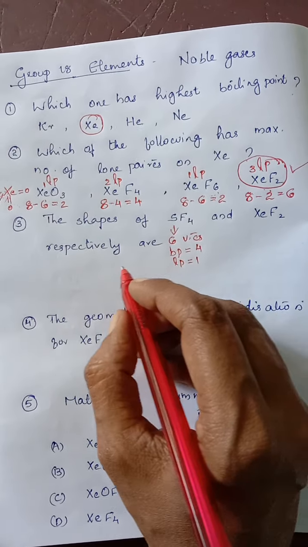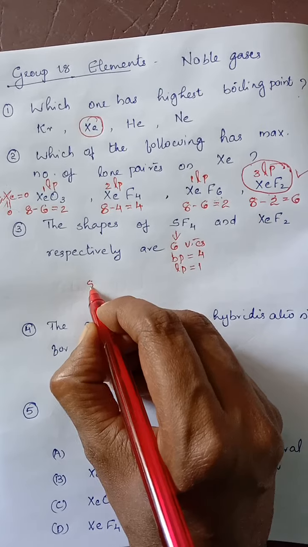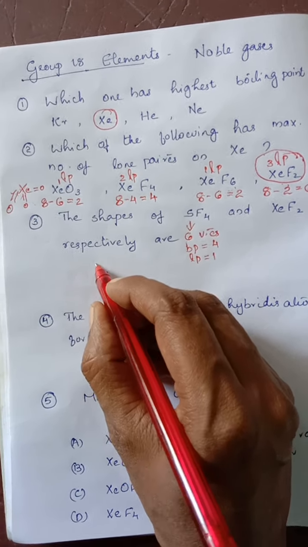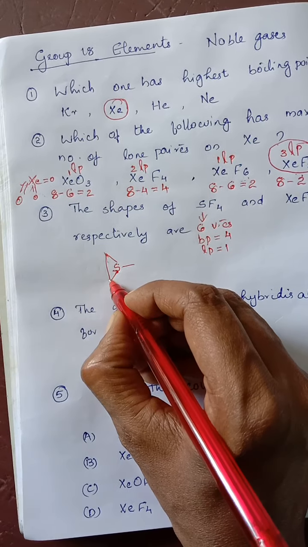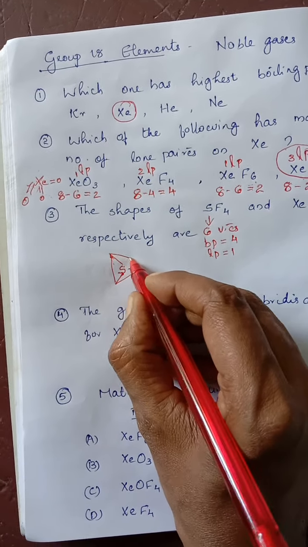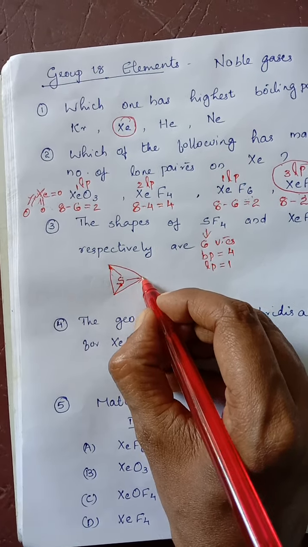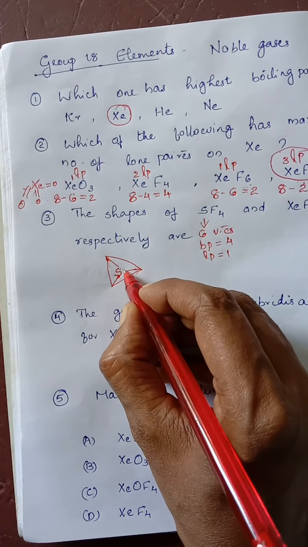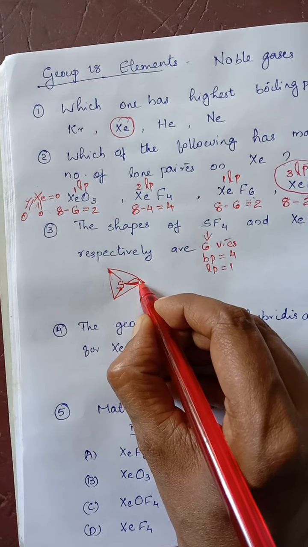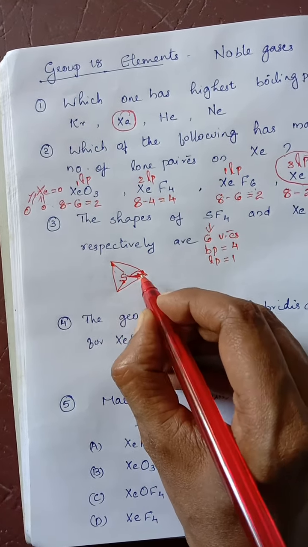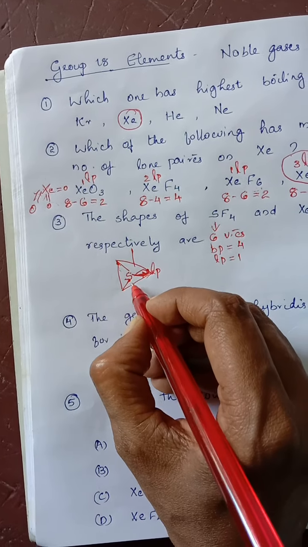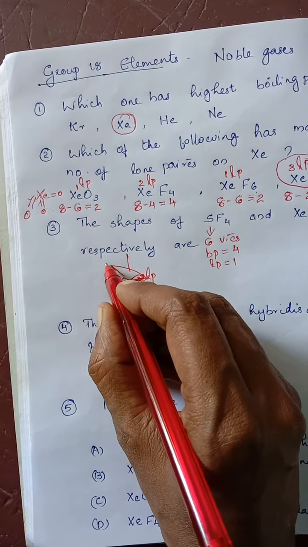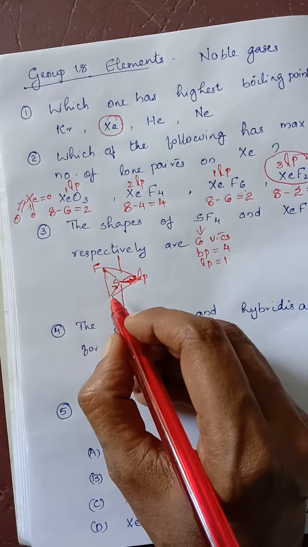If all the 5 electron pairs were bond pairs, the expected geometry would be trigonal bipyramidal. Here out of 5 electron pairs, 1 is a lone pair. The lone pair will occupy the equatorial position. The remaining 2 equatorial positions will be occupied by fluorine.